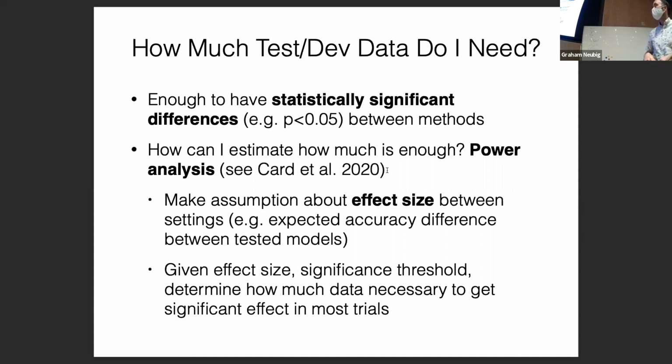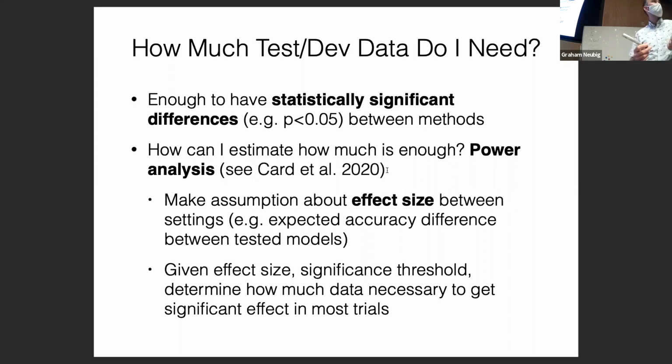Let's say I want to determine a 0.5 accuracy difference with 0.01 probability. I want to be 99% sure that the difference is real. Then you're going to need a larger dataset than if I'm okay with only discerning a 2% difference and a 0.05 significance threshold.